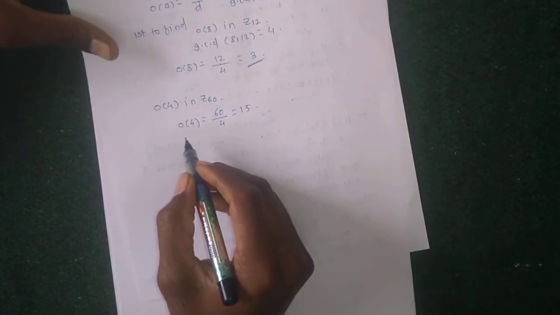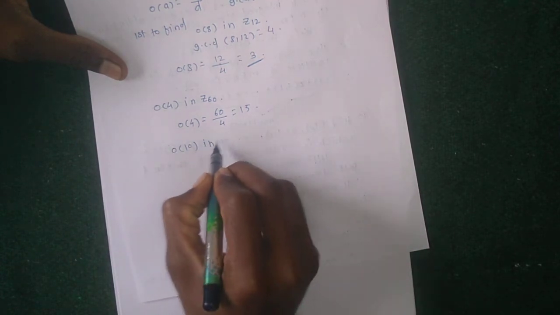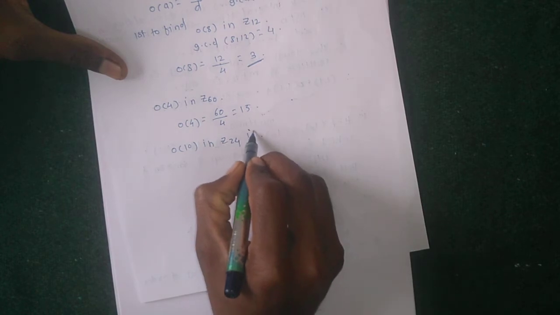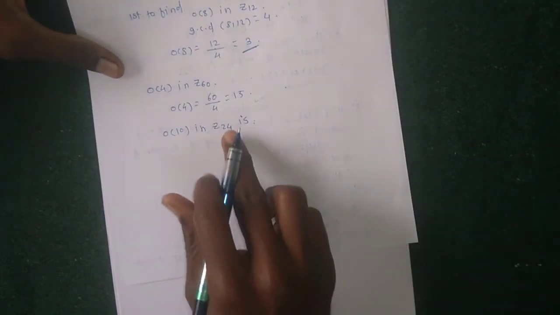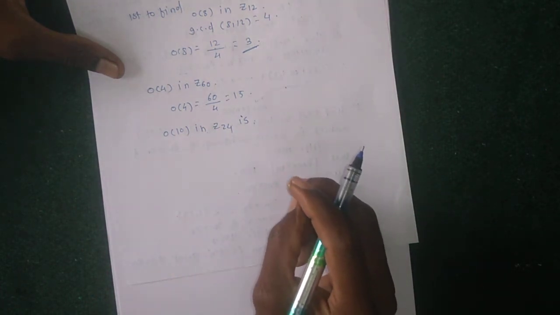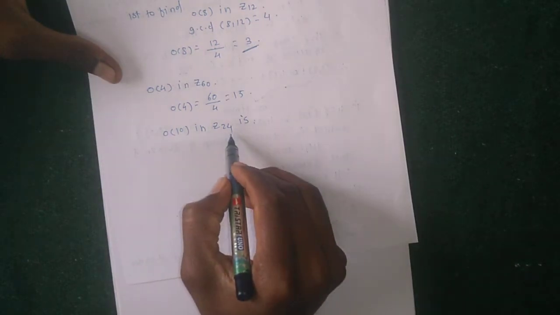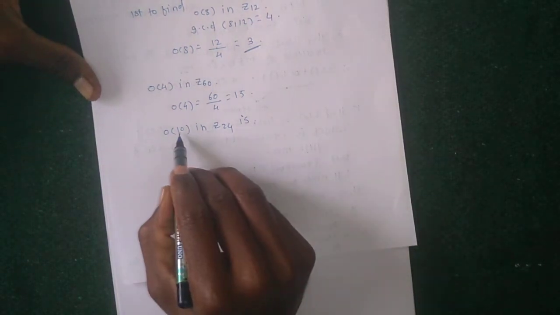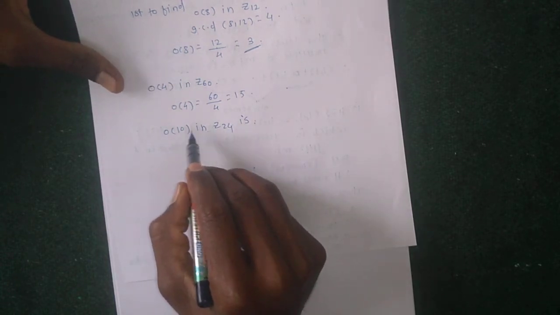Then next, the order of 10 in Z24. 24 times 5 equals 120, and 120 is congruent to 0 mod 24, meaning 12 times 10 is 120.